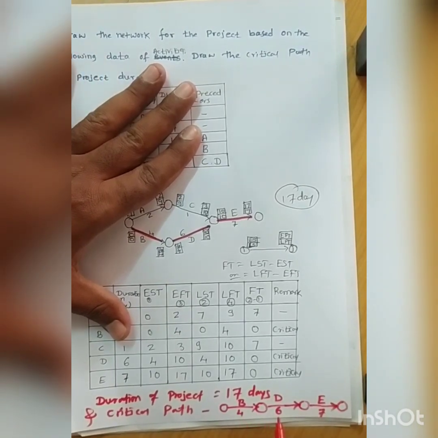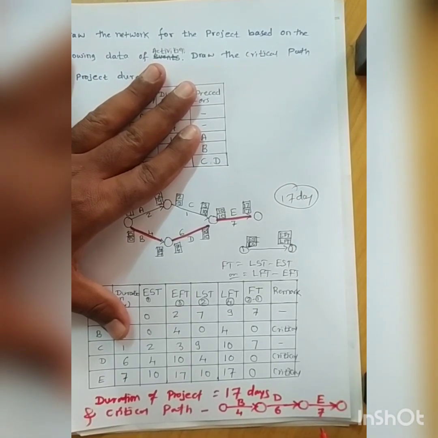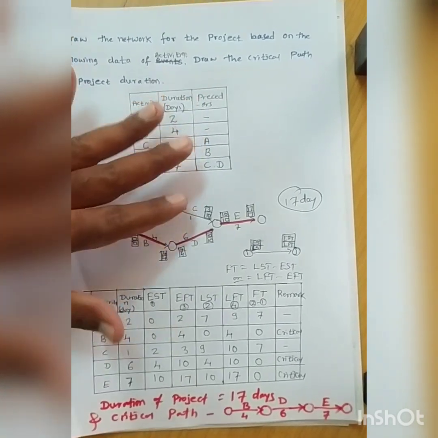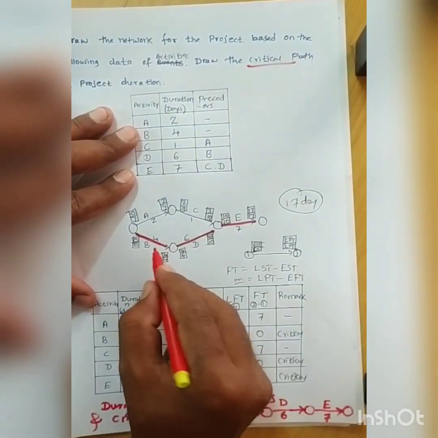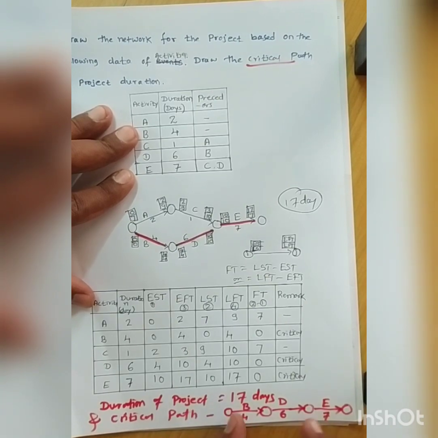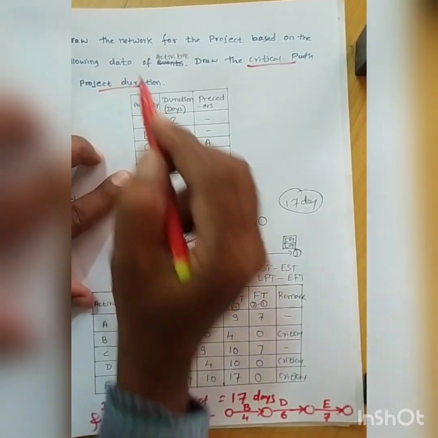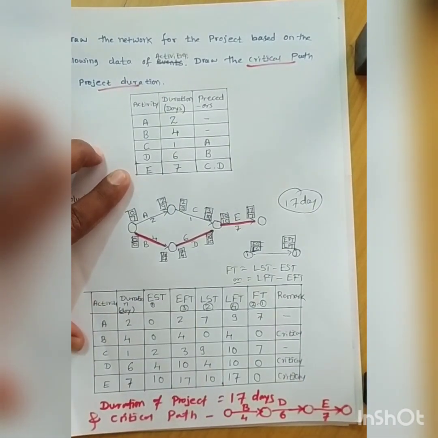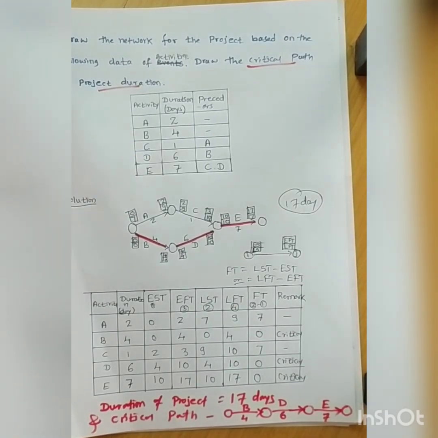So 4 plus 6 is 10, and 10 plus 7 is 17. This is the critical path. It is drawn on the network and also mentioned here, and the duration of the project is 17 days. This is the actual problem.